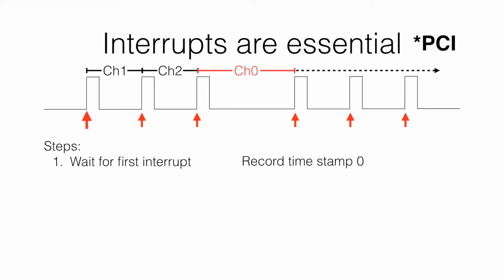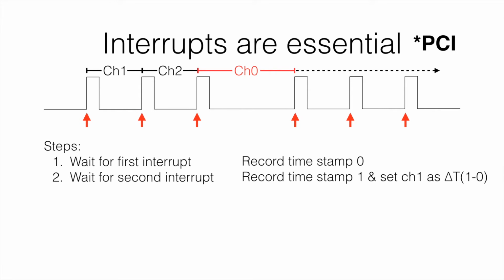First, we will wait for an interrupt, and when the interrupt occurs, we will record the timestamp, and I will call it timestamp 0. Then we're going to wait for the second interrupt and do the same, recording timestamp 1. At this time, we're also going to set channel 1 as the difference between the two timestamps.